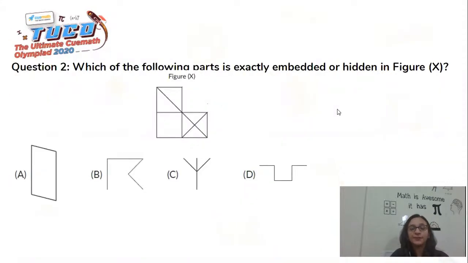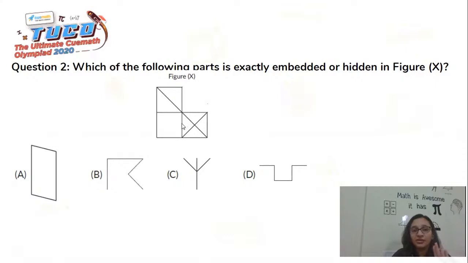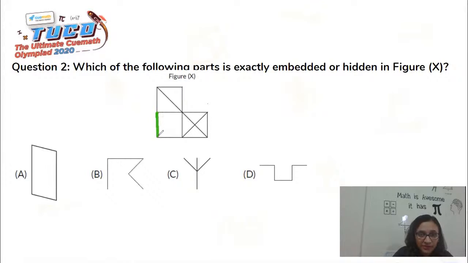So it says here, which of the following parts is exactly embedded or hidden in figure X? So the first one is a bit of a tilted rectangle. Nowhere in this figure X do we have a tilted rectangle. Let's see for option B if we can trace that out. So there is a vertical straight line like this, so we can have it here, or a horizontal straight line like this.